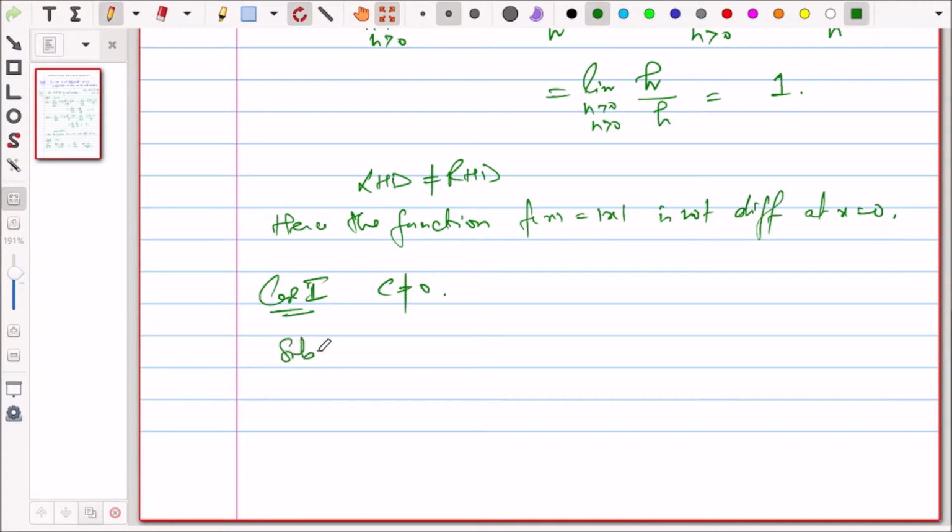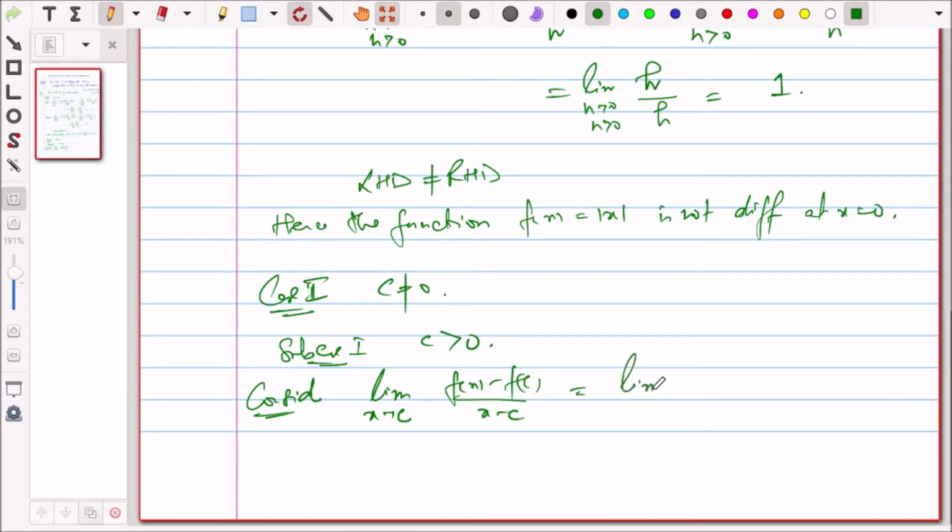Sub case 1: c is positive, then our x will be positive. So consider limit x tends to c, f(x) minus f(c) upon x minus c.